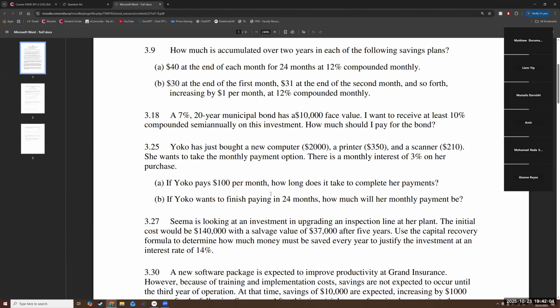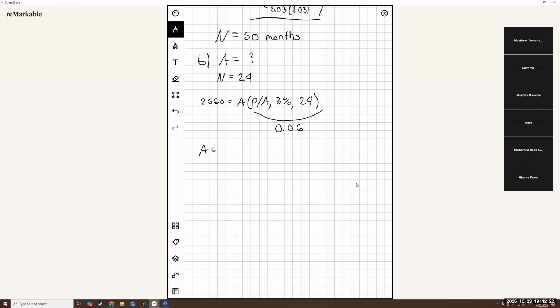If you do this calculation, you find that this value here is equal to 0.06. And if you solve for A, which would be 2,000, sorry, I was sharing the wrong screen. You find that this factor comes out to 0.06.